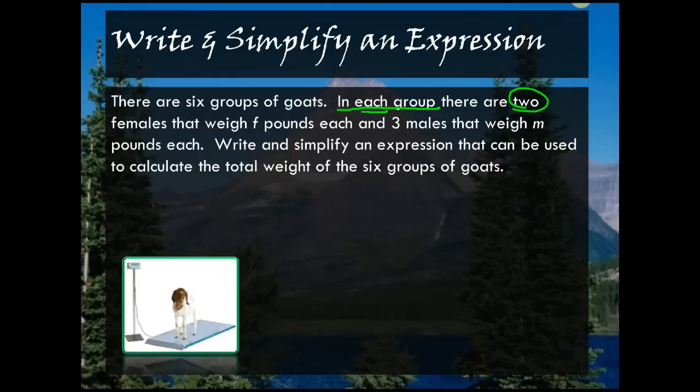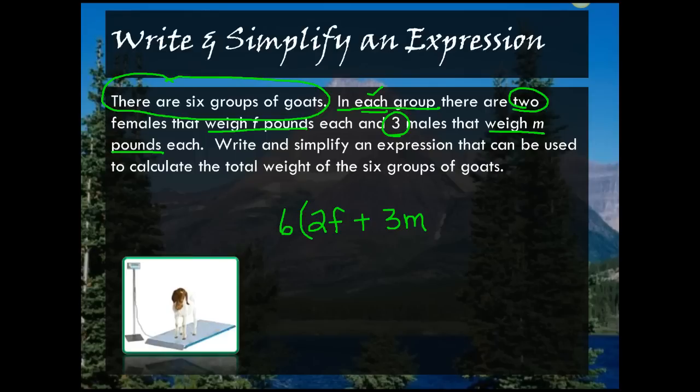There are 2 females that each weigh F pounds, so we would represent that with 2 times F. Then there are 3 males that weigh M pounds each, so we would add plus 3 times M. This gives us the weight of one group of goats. We would have to multiply this whole quantity times 6 to get the total weight of 6 groups.